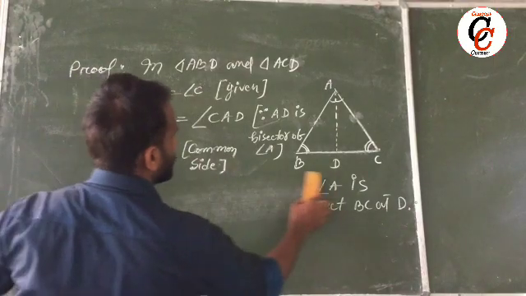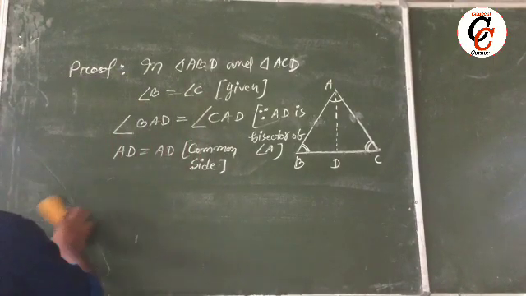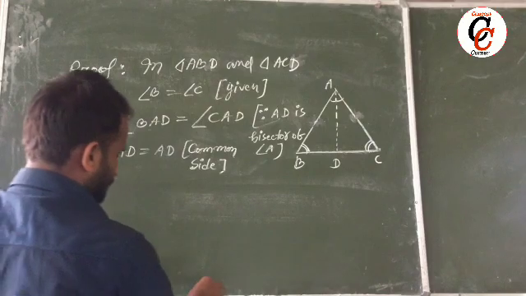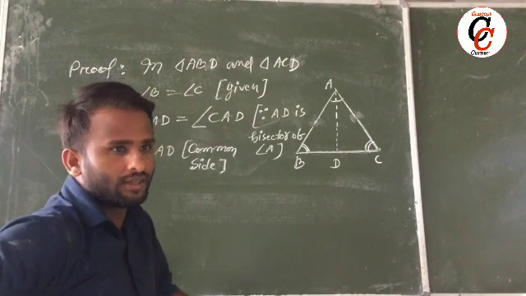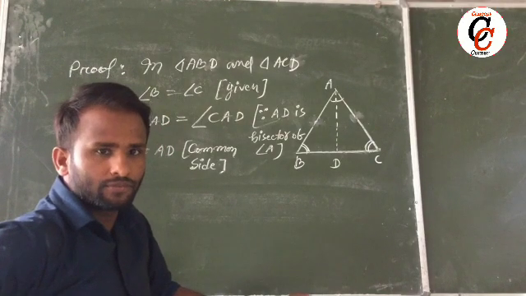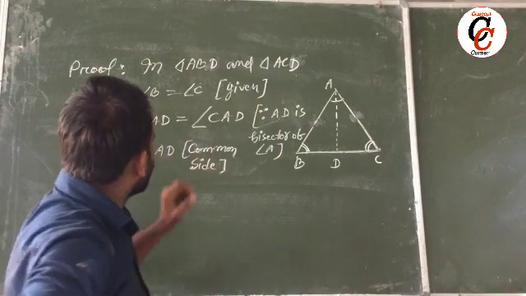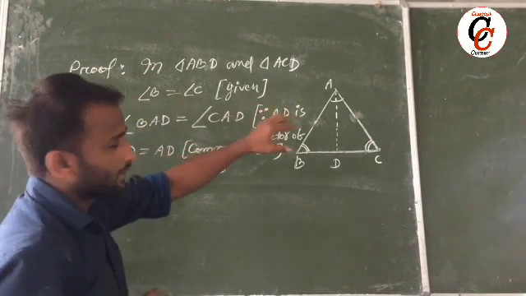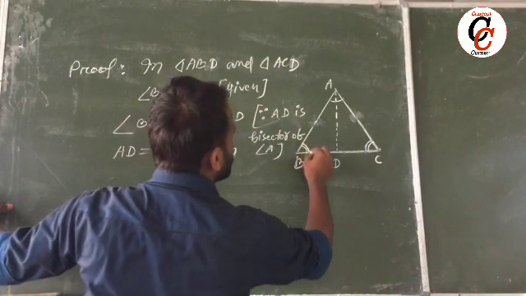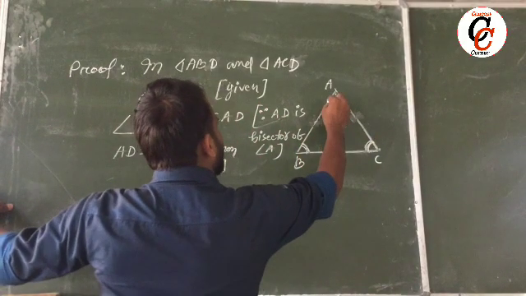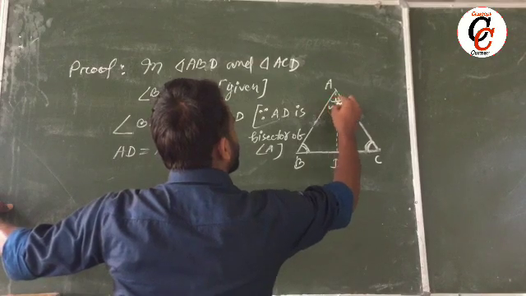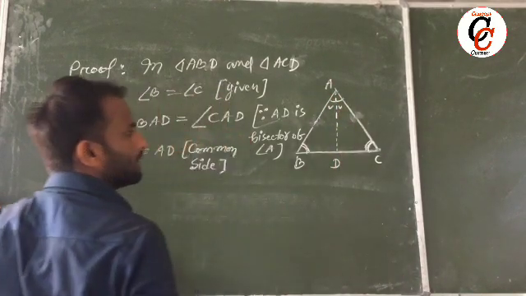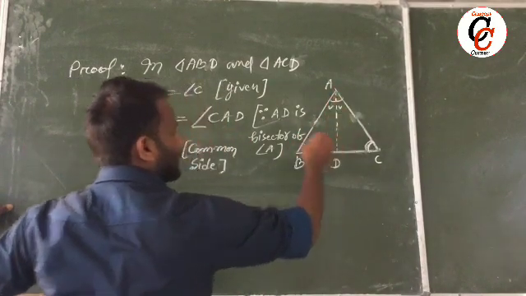Now we know that if three corresponding parts of two triangles are equal, then the two triangles become congruent. Here we have got three corresponding parts equal: angle B is equal to angle C, angle BAD is equal to angle CAD, and AD is the common side.